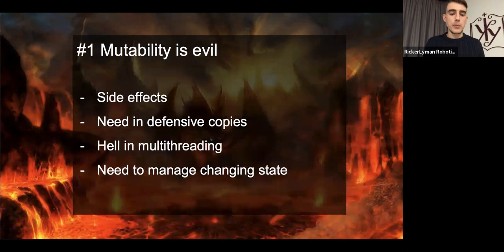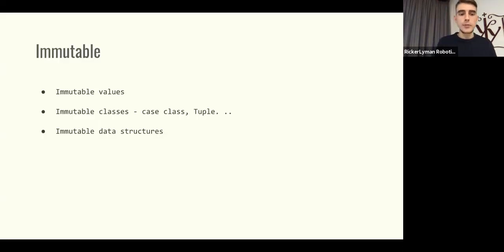This is why immutability is encouraged by the Scala language design. And we can have immutable values. We can have immutable data structures, like instances of case classes, which are basically containers of immutable values. And there are immutable collections. So whenever we want to use something, in the first place, we think about immutability.